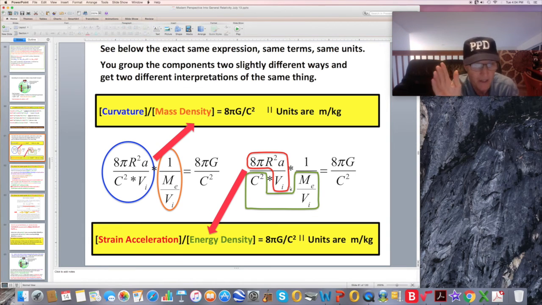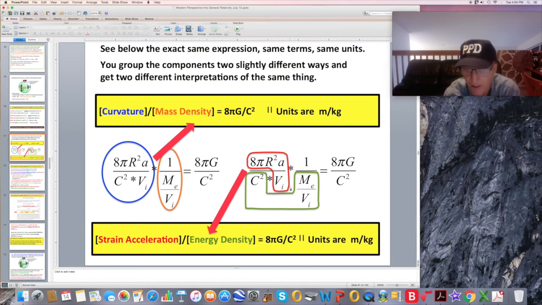So what you get with the expression on the right is the strain acceleration divided by the energy density. Now, earlier on, we calculated and figured out that the energy density is a stress. So the strain acceleration divided by the energy density, which is a stress, so strain acceleration divided by stress, is equal to 8 pi g over c squared.